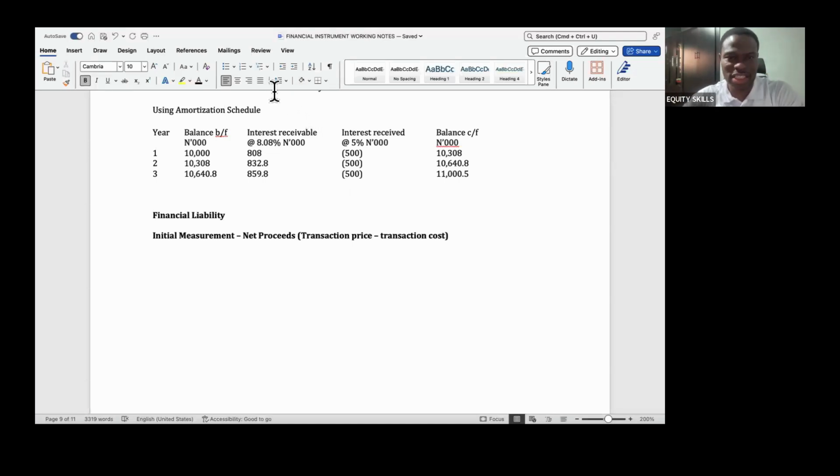Then the classification, popularly expect amortized cost. Then subsequent measurement also.